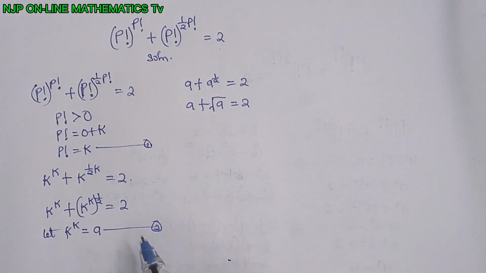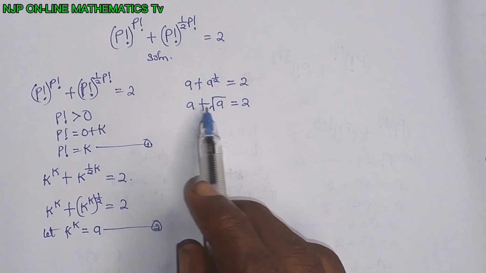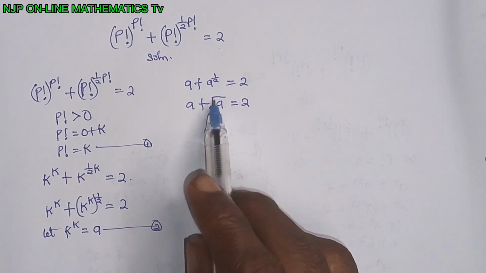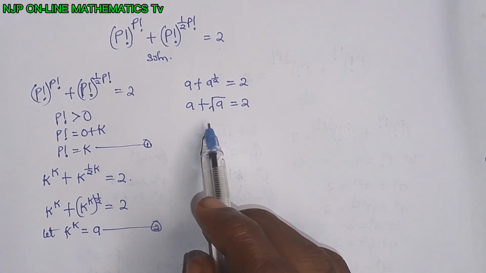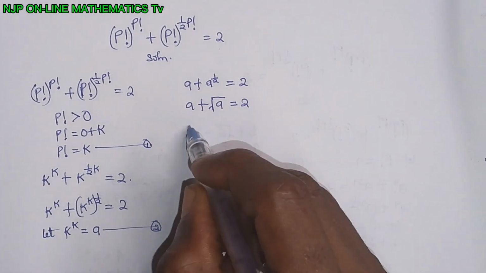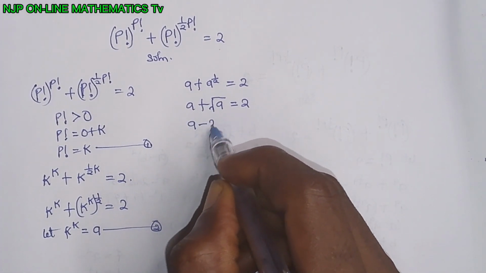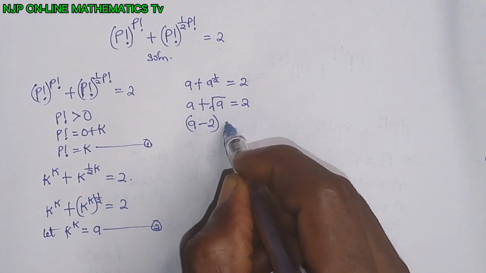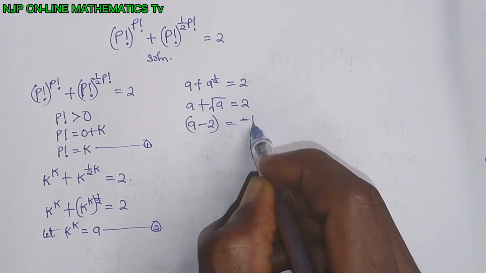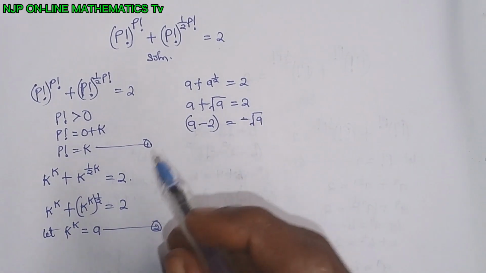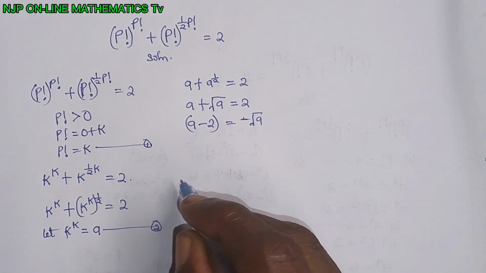So we can make the ones without square root to be on one side and the ones with square root on the other side. That is a - 2 = -√a. So from here, we can take the square of both sides.